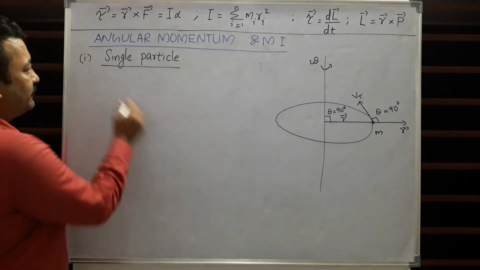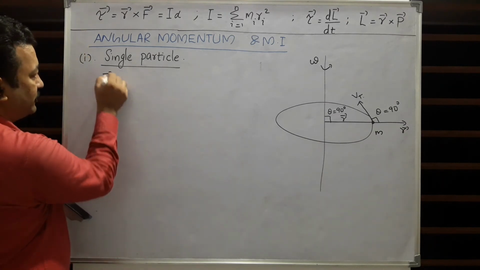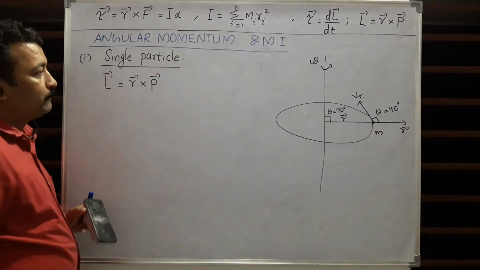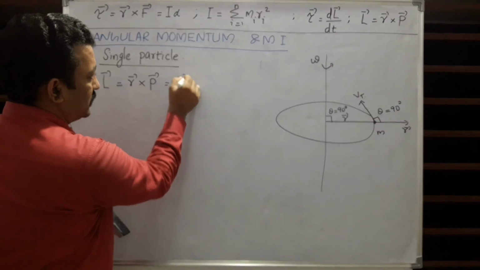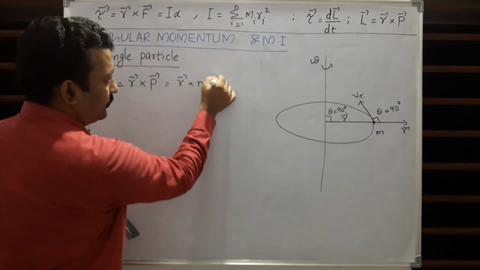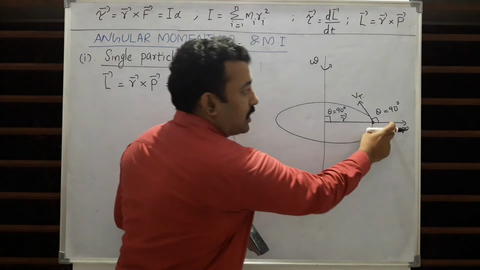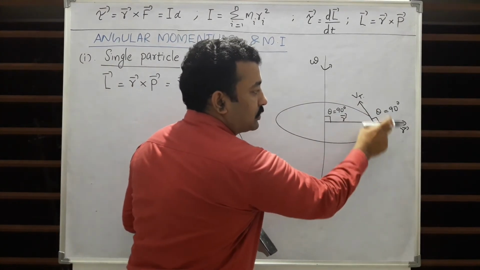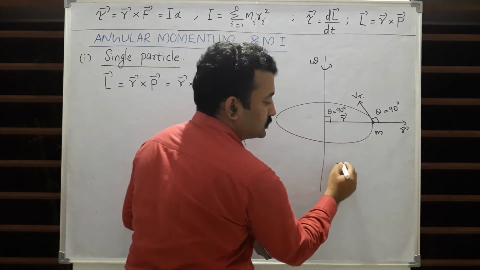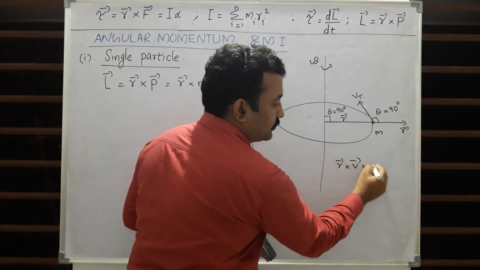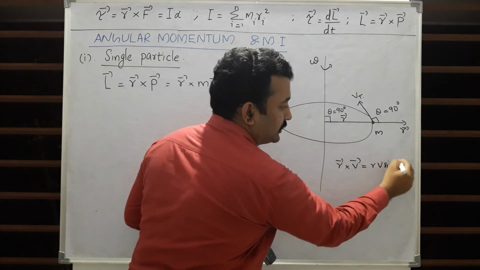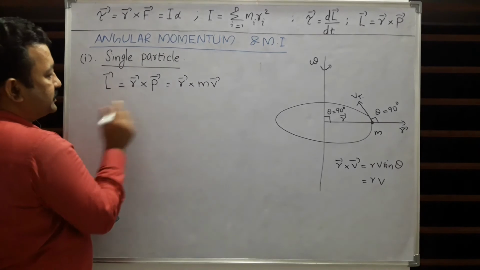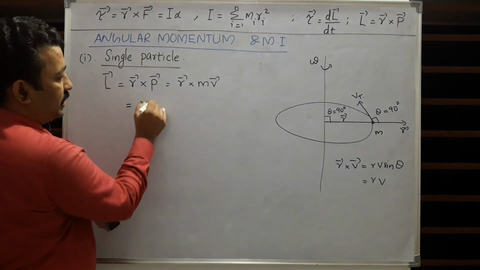And for a single particle, we have the expression for L as r cross p, or I will write it as r cross m v. From this you can see r and v make 90 degrees with each other. So r cross v will give you the maximum value, which is r v sine theta. Sine theta is 1, so this becomes r v. I can write this expression simply as r m v.